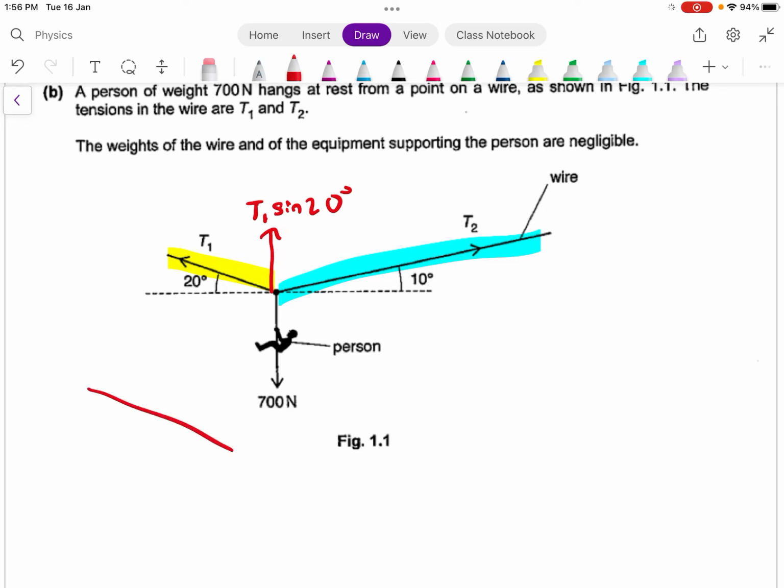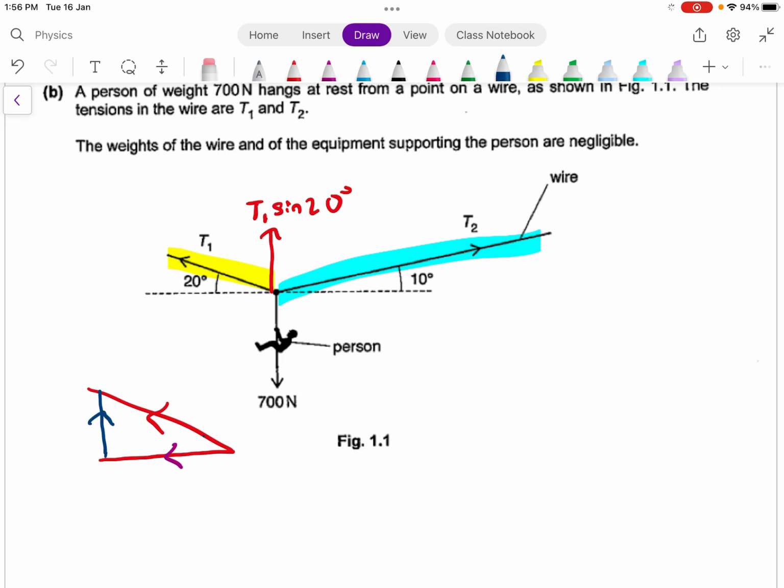It is because if you think about this, this is the T1. Always remember the T1, the so-called force, is always the hypotenuse. Then this one is the horizontal. If this is the horizontal, pointing towards the left-hand side, then there's a vertical component.